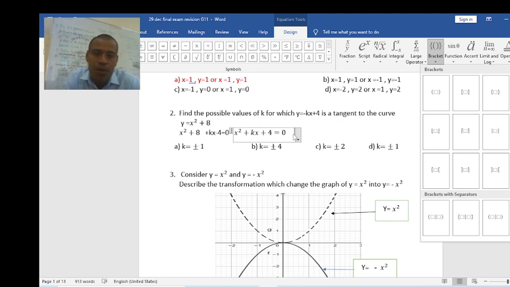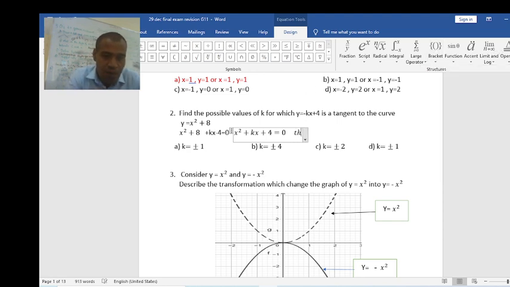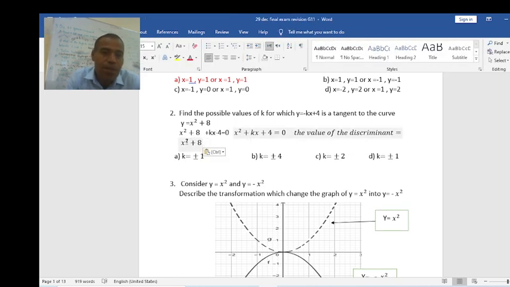Okay, no problem. I'll just write the value of the discriminant, which is equal to b squared minus 4ac.